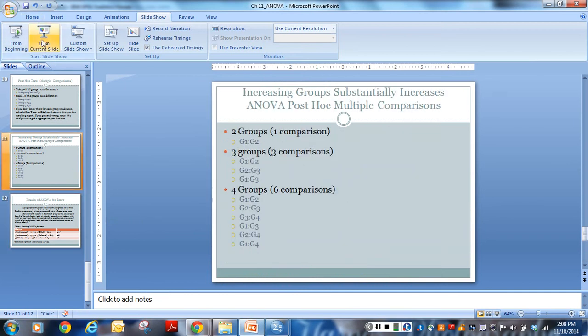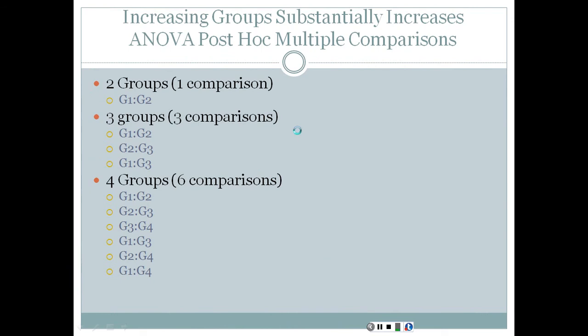So again, just giving you an illustration of how the more groups you have, the more it increases the Anova post hoc multiple comparisons. With a t-test, if you have 2 groups, we only have 1 comparison, group 1 and group 2.